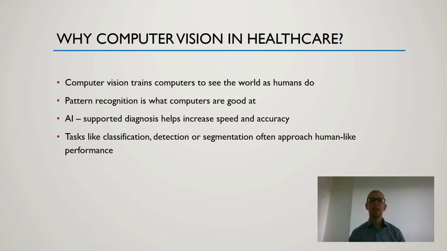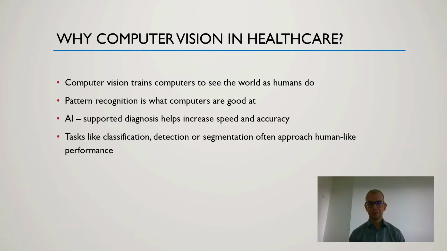And what does it bring? Well, if you have an AI system which is running on the computer automatically, of course it helps with the speed and accuracy of the diagnosis, in particular if it has competitive performance with human-like performance, which for some tasks it's already the case actually.